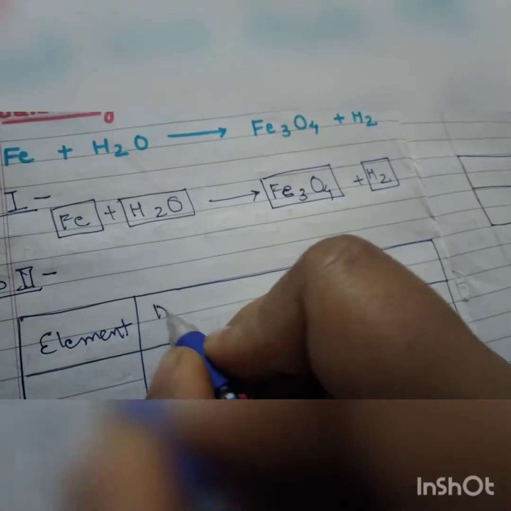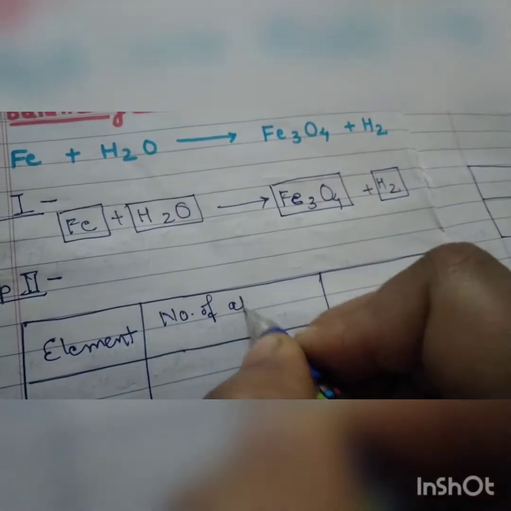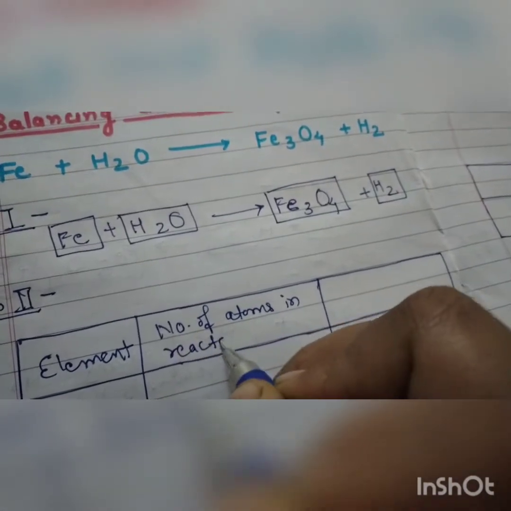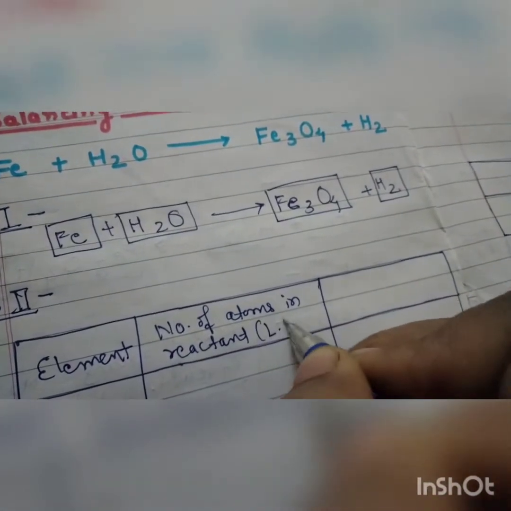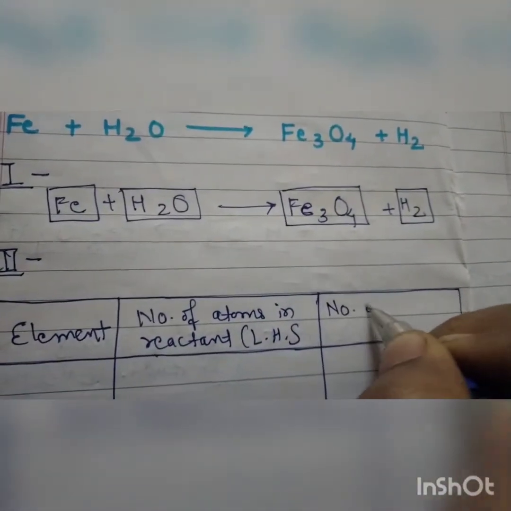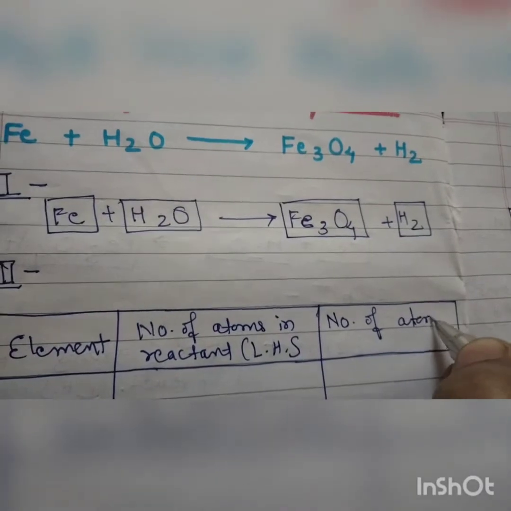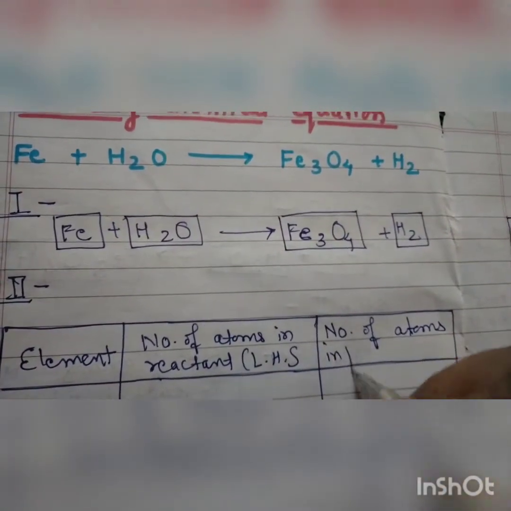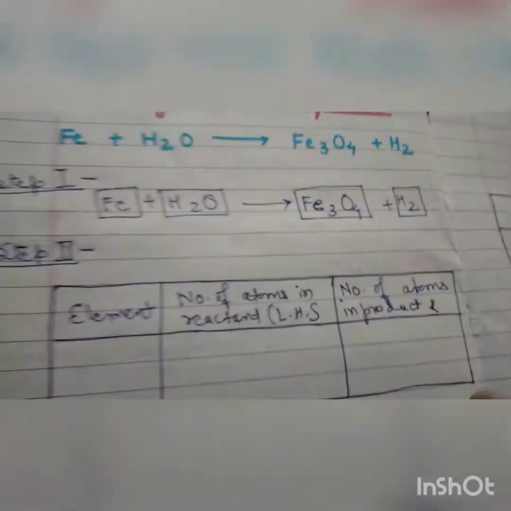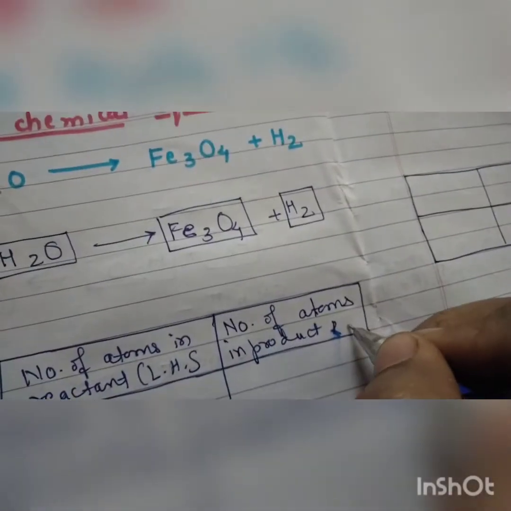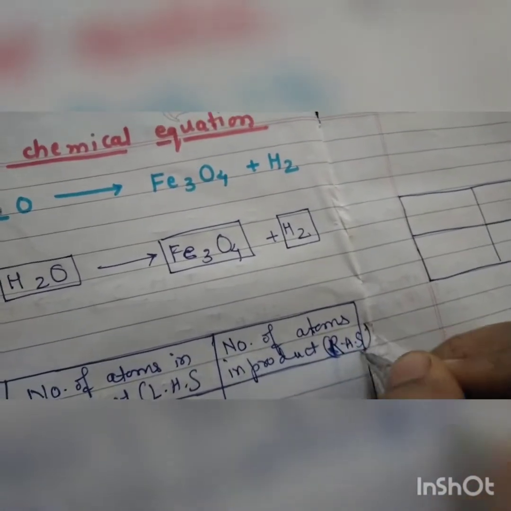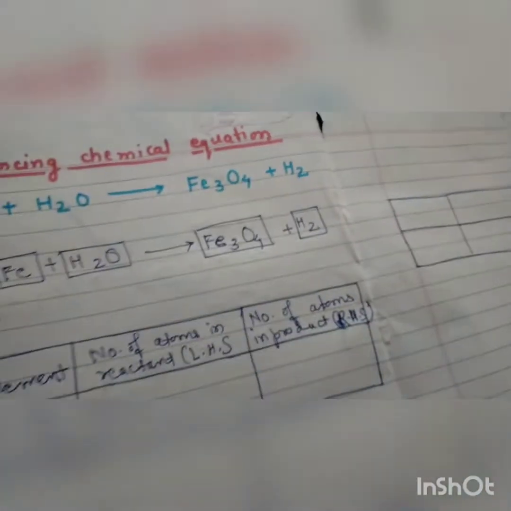So number of atoms in reactant or LHS, left hand side, and in this column we will write number of atoms in product or RHS, right hand side.